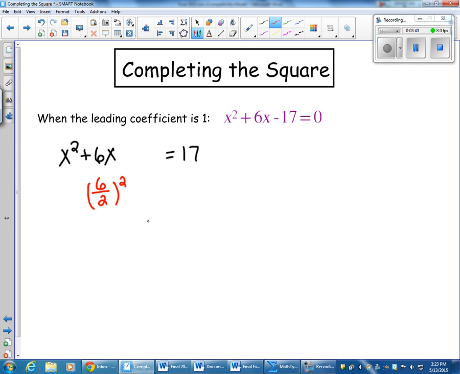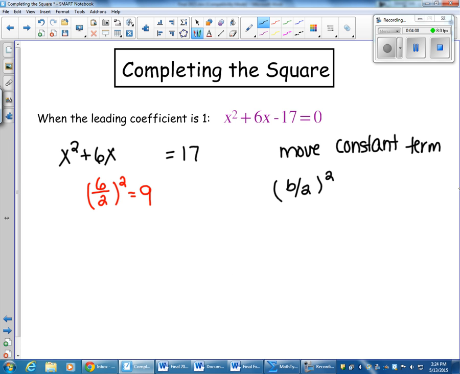So 6 divided by 2 is 3. 3 squared is 9. So move constant term. Take your b term, divide it by 2, and then square it.